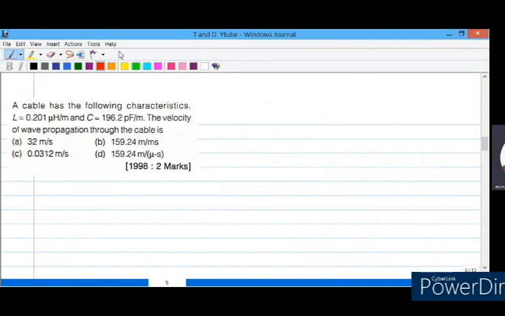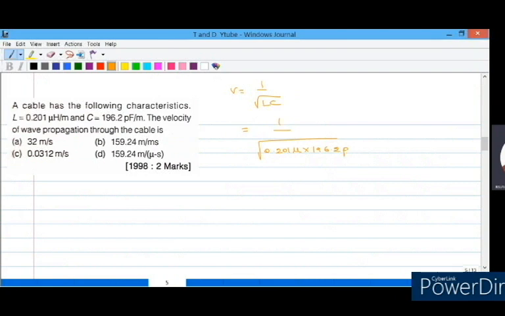And next one, for a cable they have given the value of L and C. They have asked the velocity of wave propagation. So velocity formula is V is equal to 1 by root of LC. So it is 1 by root of 0.201 micro into 196.2 pico.